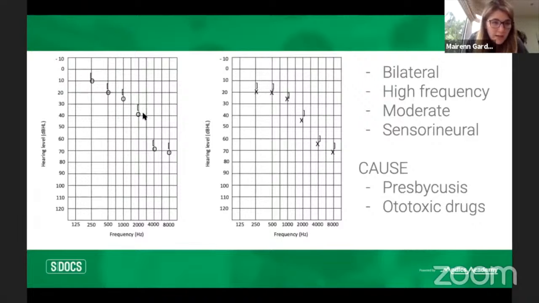Between about 1,000 to 8,000, they've lost their hearing in this case. If we think back to part 2 and what might cause this, bilateral high frequency, moderate sensory neural hearing loss, one of the most common causes will be presbycusis, so old age and what happens in old age.